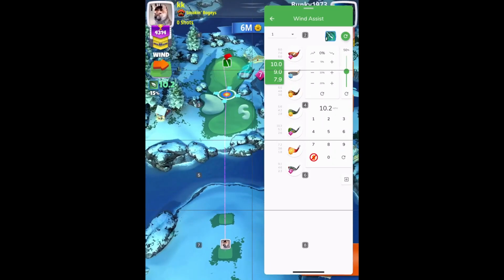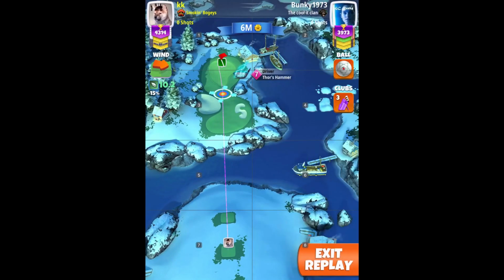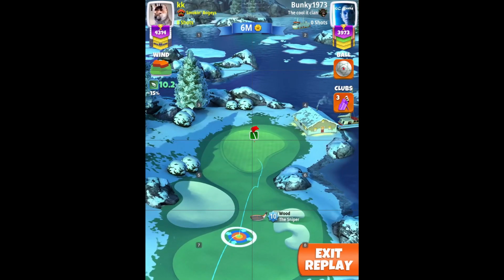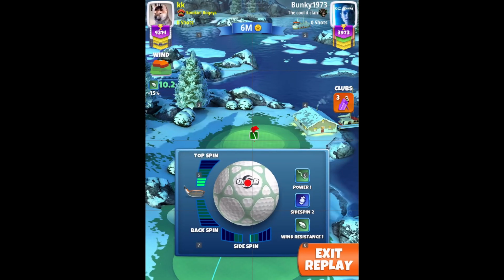Here's a pretty straight left to right crosswind. Same landing position. I'm doing 1 left spin and about 3 top spin.